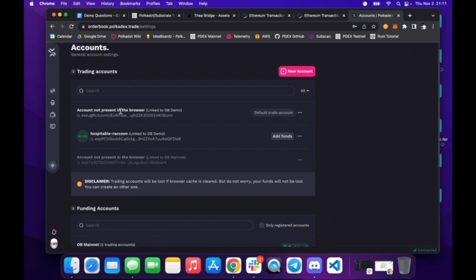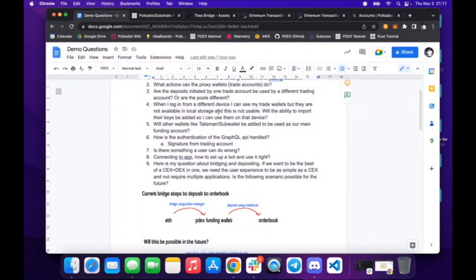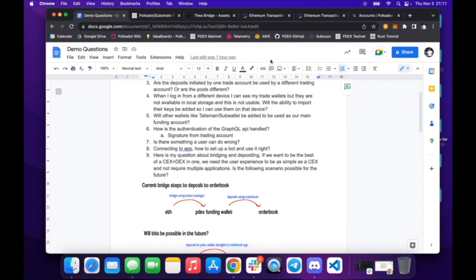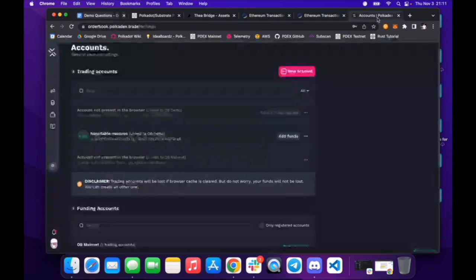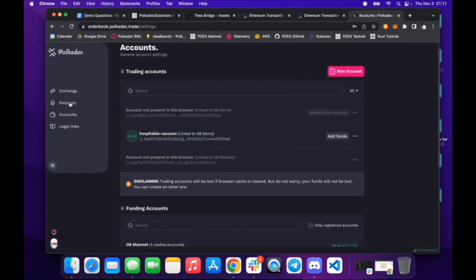As I mentioned earlier, multiple trading accounts are nothing but multiple instances of one single account that are all linked to a funding account. So yes, deposits initiated by one trading account can be used by a different trading account as long as they both are linked to the same funding account. Let me go ahead and process the withdrawal and then get back to the questions.